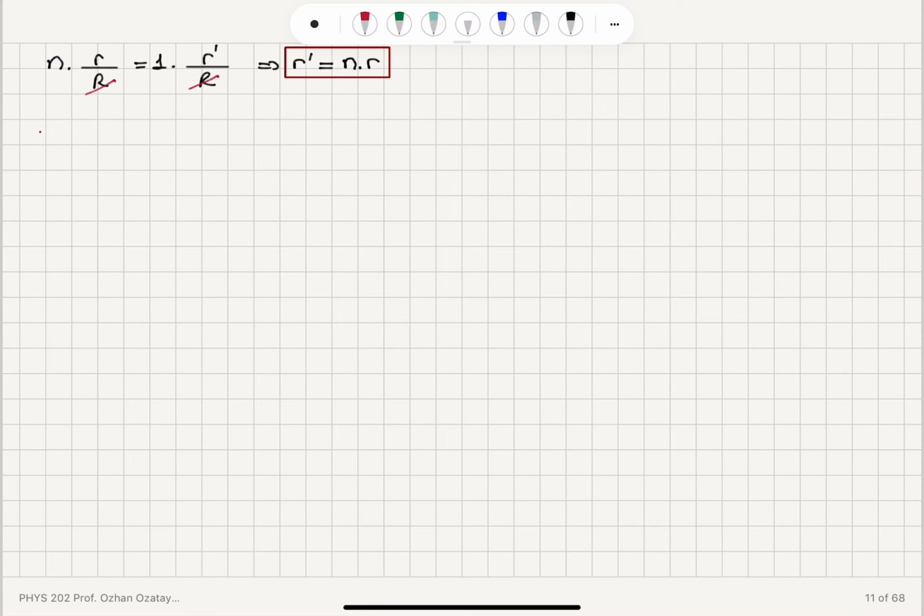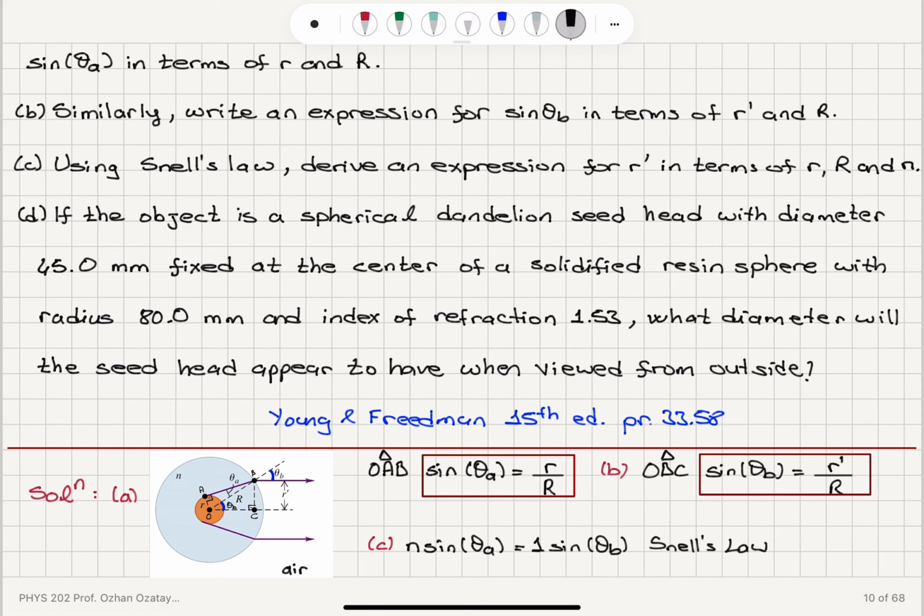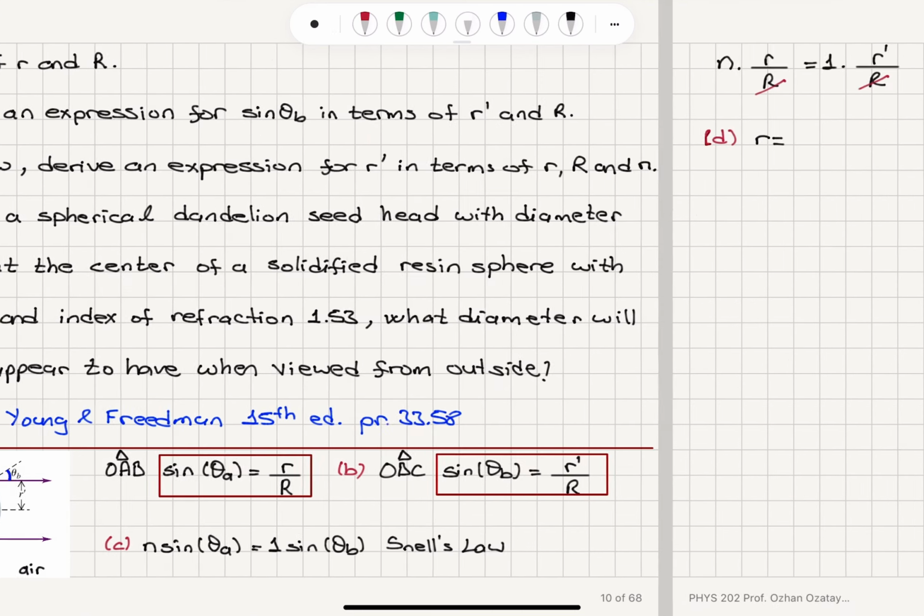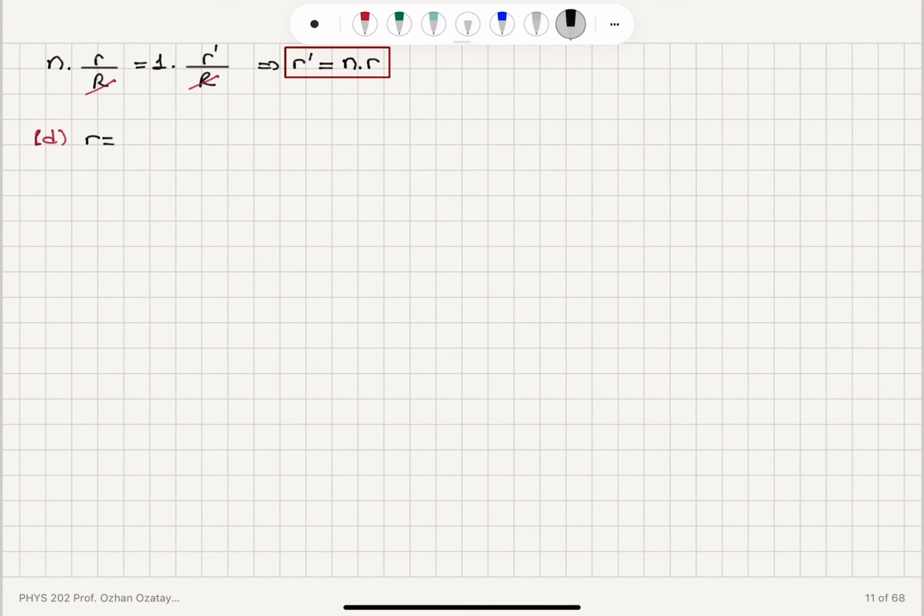So in part D, we have the diameter of the object to be 45 millimeters. If the object is fixed at the center with diameter 45 millimeters, therefore its radius is 45 divided by 2, 22.5 millimeters.